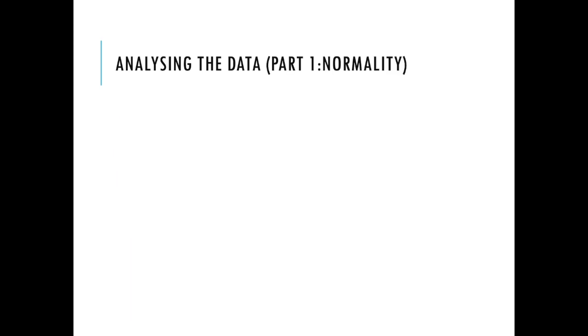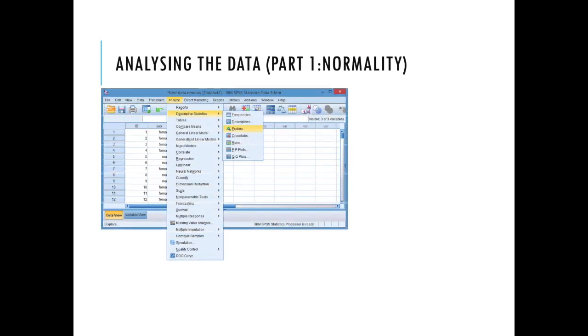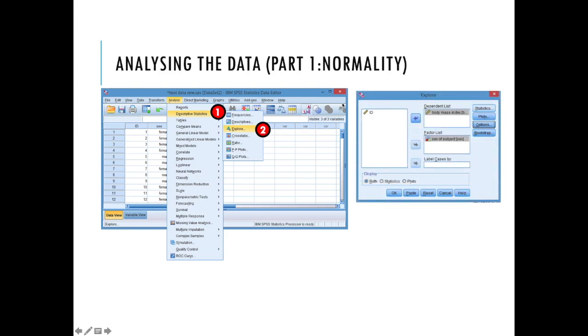So now you're going to analyze the data. Now you're going to check normality. In order for us to analyze the normality assumption, go to analyze, descriptive statistics, click explore. In the new dialog box that appears, bring your variable into the dependent list.